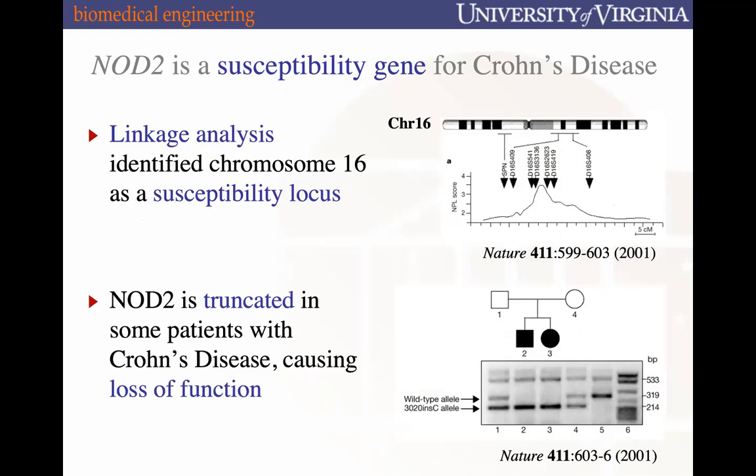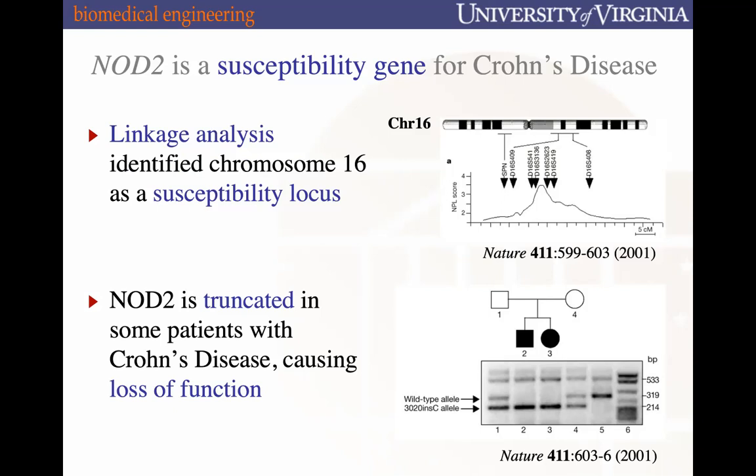There were 2 studies done by different groups that were looking at trying to identify specific genes that were implicated in Crohn's disease. In the same issue of Nature, published on back-to-back pages, one group used what's called a linkage analysis. They're trying to basically link certain mutations and regions of the DNA with this disease.